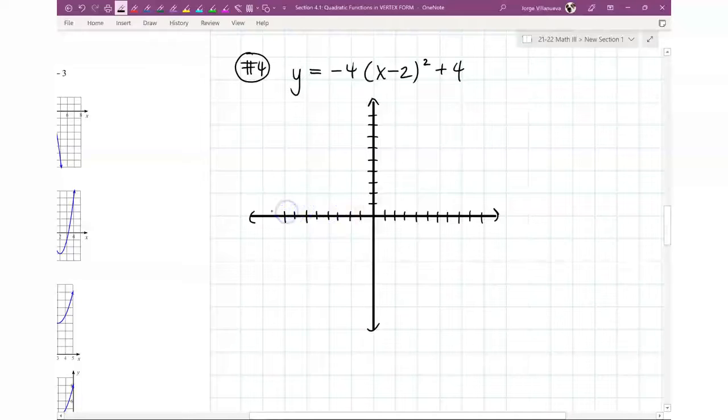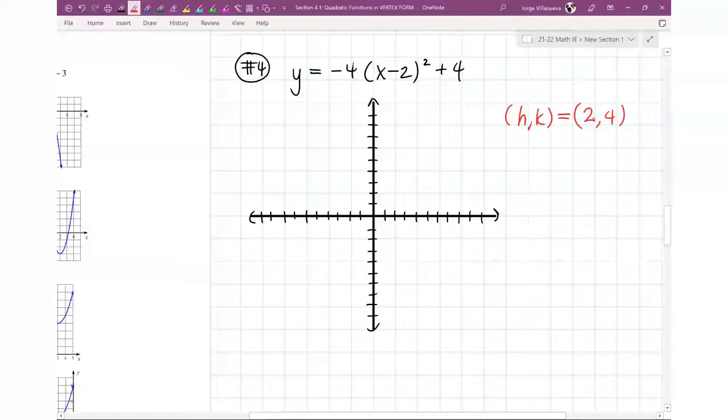It's actually a 9 by 10. It might be too big for the equation, but at least I have enough room to finish it off. So, what is my vertex here? Positive 2, 4. Good. Positive 2, 4.